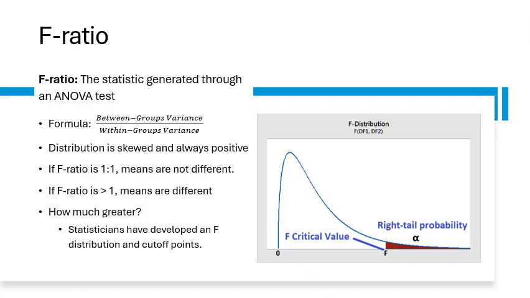And this is just a general image of what this distribution looks like. We have a cutoff point that we'll be looking up. We always are going to have a right-tailed test because we're testing the hypothesis that variance is different between the groups or it isn't. And so we're looking at a ratio, and it's always got to be greater than 1.